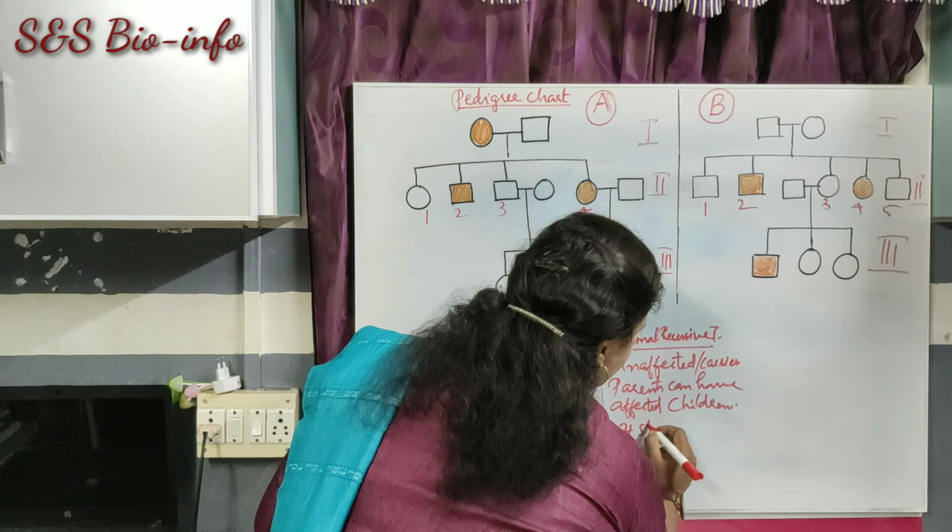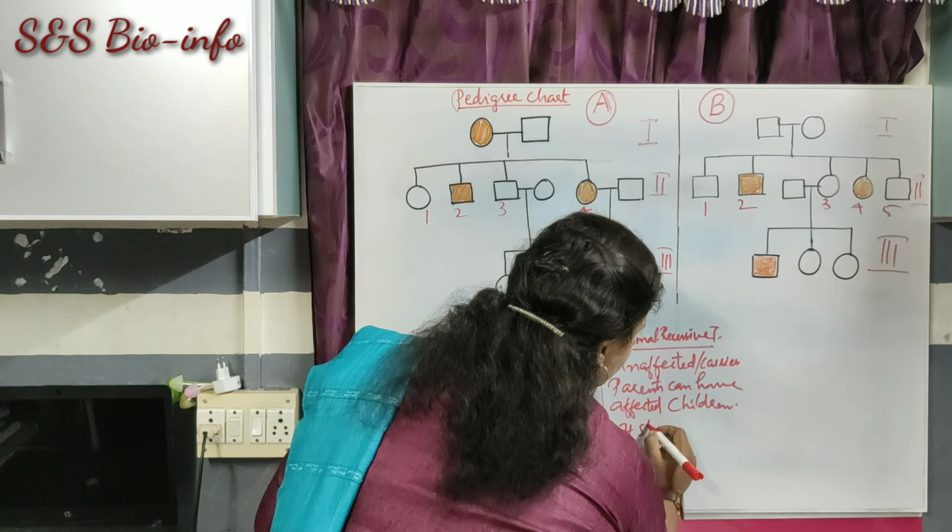So that's the autosomal recessive trait. These two are examples: the first is autosomal dominant, the second is autosomal recessive. For an autosomal dominant trait, first look at whether the trait is present in all generations. If it is present in both boys and girls, it is surely autosomal.